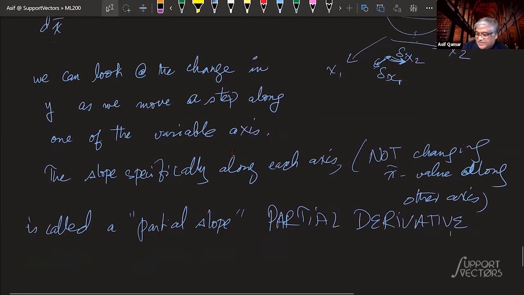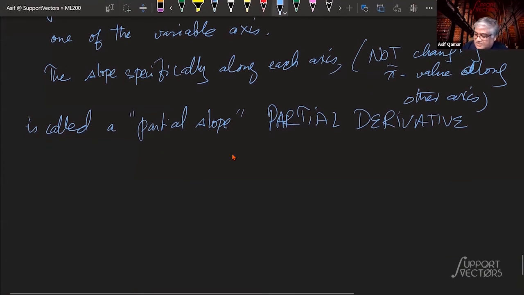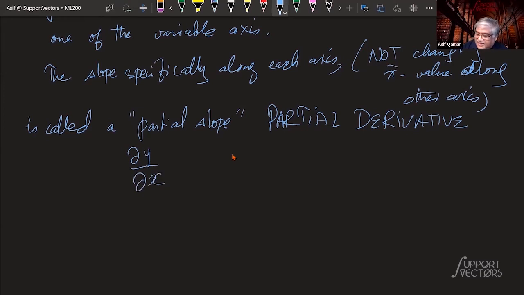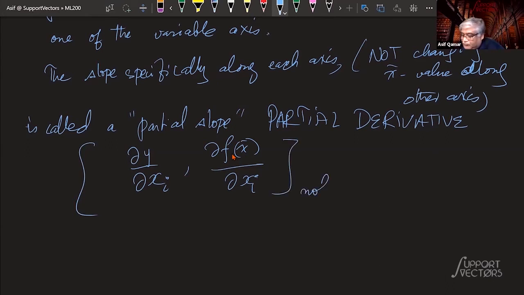And the way we write it, you'll see me use this notation, dy/dxi, or df(x) along this particular direction. You'll see these two notations often used. So then comes a very interesting question. Suppose I make a change from the vector x to x plus delta x, meaning I make small changes along all of these.